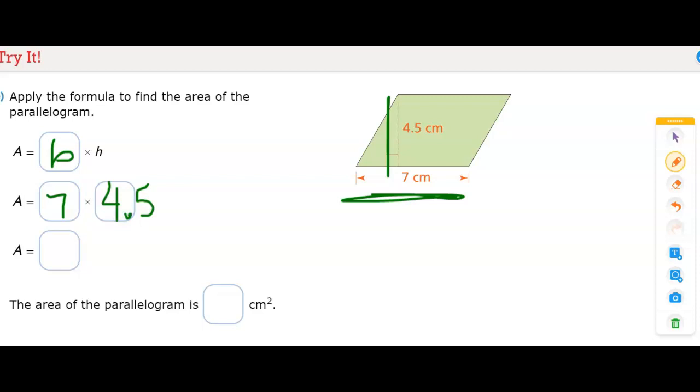Then we multiply the 7 and 4 5/10 and get 31 5/10 as the area of that parallelogram, and you write it again here in this box. So it's 31 5/10 centimeters squared.